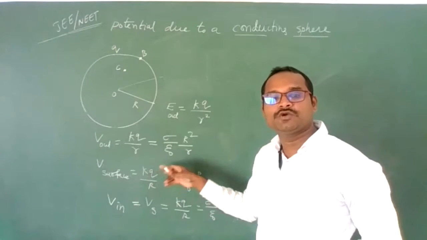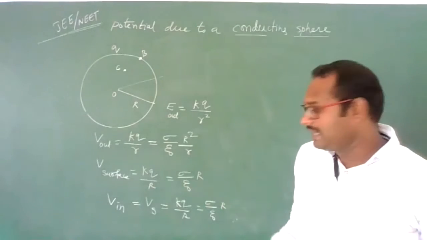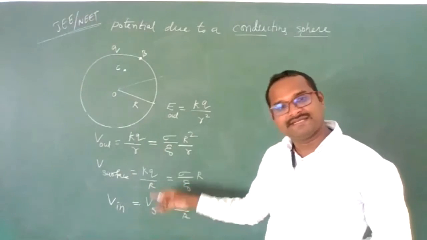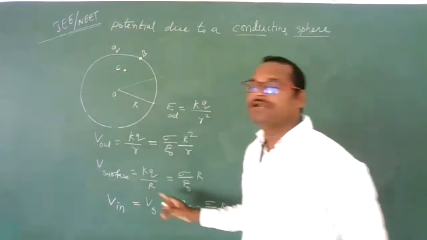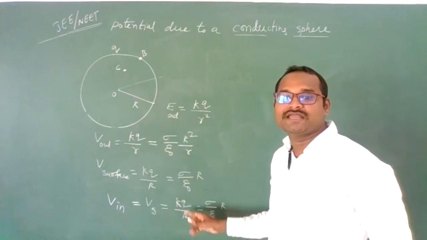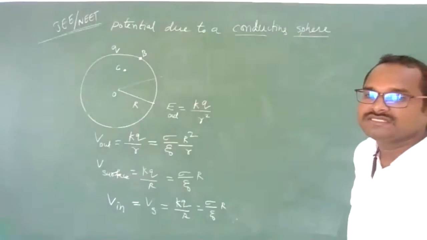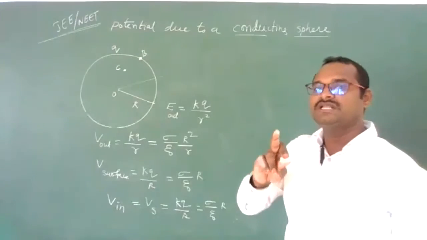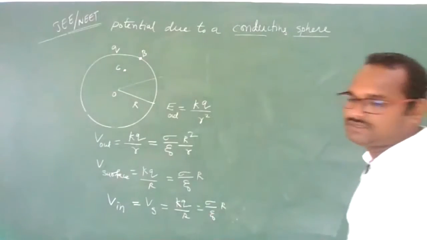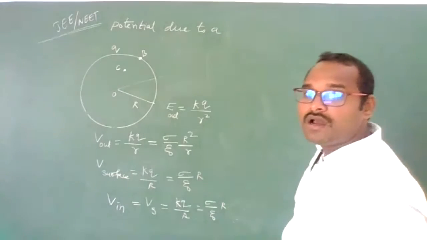On the surface, kq by capital R, sigma by epsilon into capital R. At an inside point, at the center or anywhere you take, potential will be constant, equal to the potential on the surface, which is kq by capital R or sigma by epsilon into capital R. You must remember these three formulas. For a spherical shell and a conducting sphere, values are same. Now let us take potential due to a non-conducting sphere.